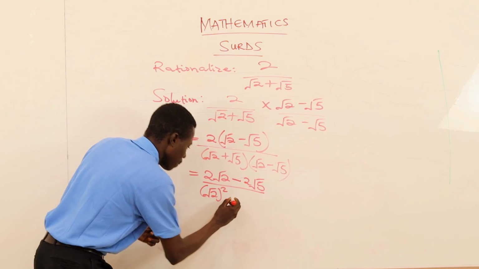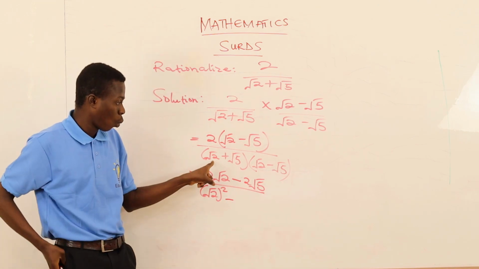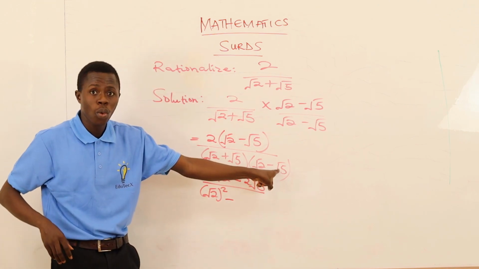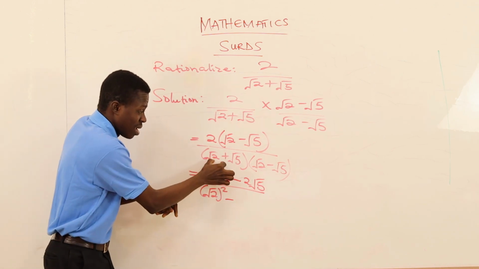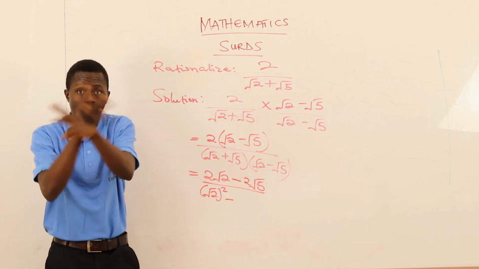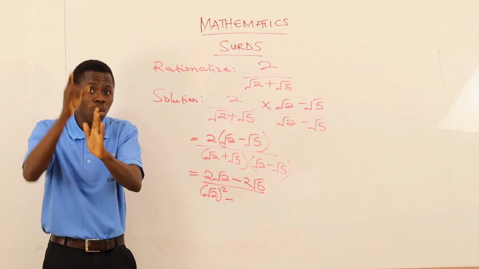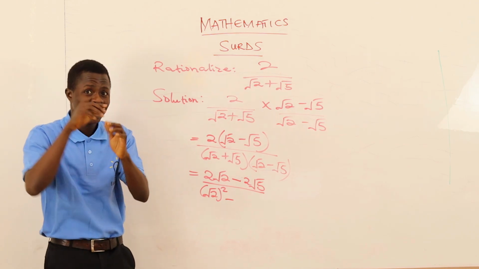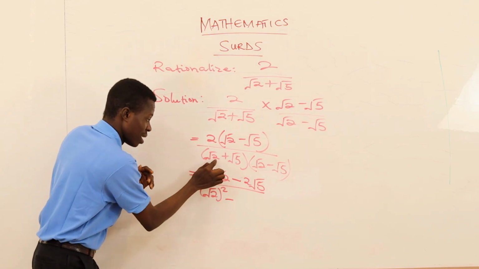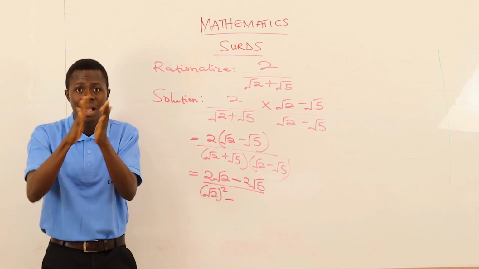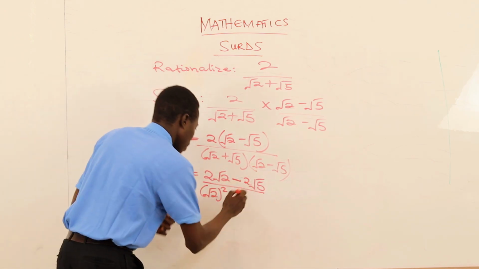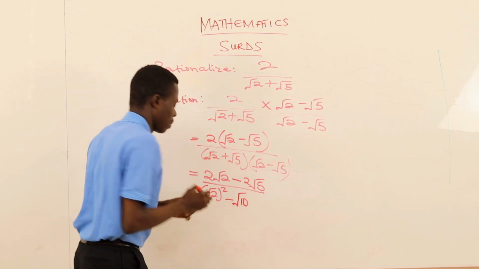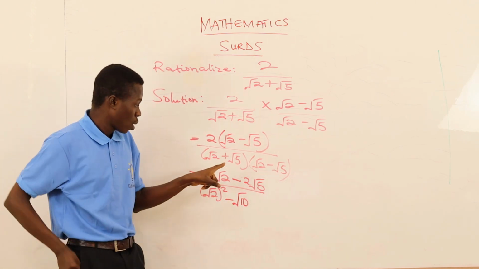So minus square root 5. Since the ones in the square root sign are different, you multiply them. So we have 2 multiplied by 5, and that gives us 10. So we are going to have minus square root of 10.